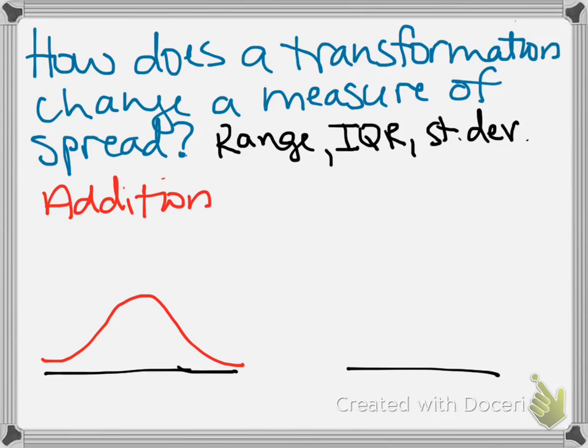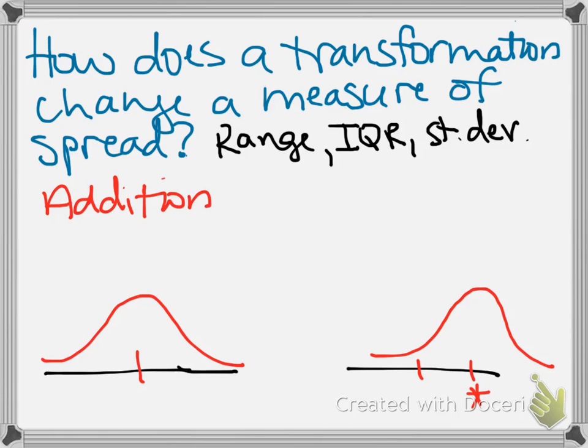So here's our original. We're going to add some value A to all of our data points. And that's going to shift our distribution over some number of points. So maybe our peak is now over here. Use your imagination, but these two graphs are supposed to look similar. So here's our new mean and median. We've already said that adding a value to our data is going to change our measures of center, our mean and our median.